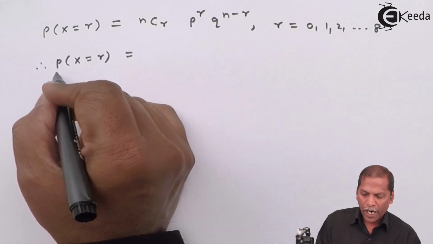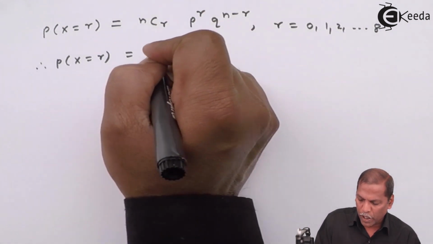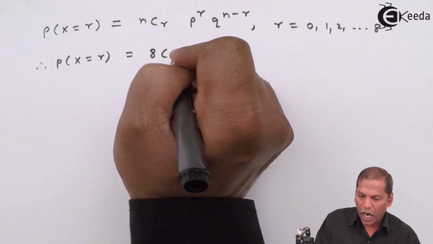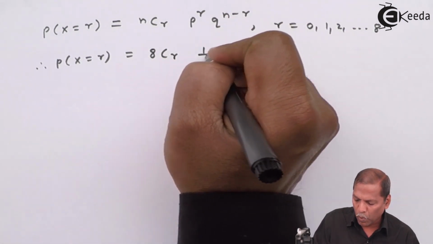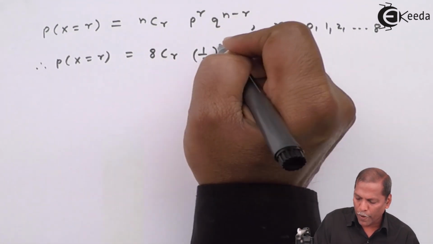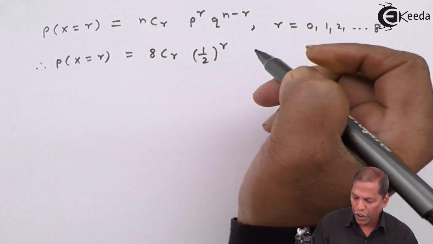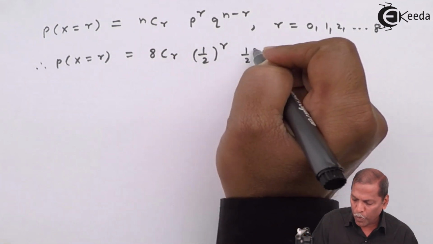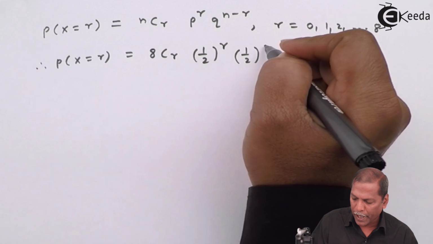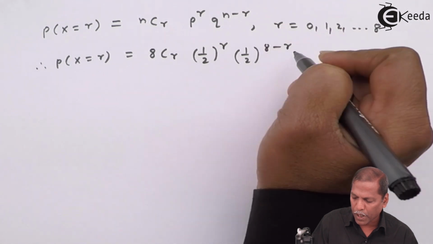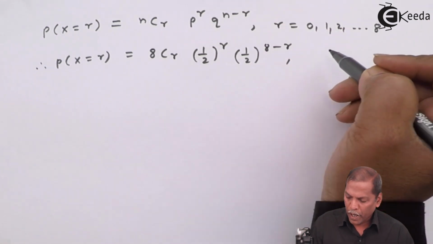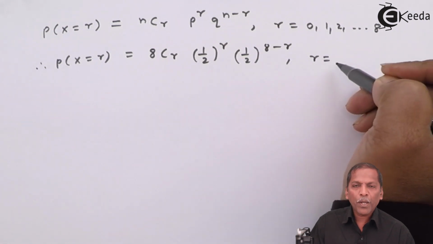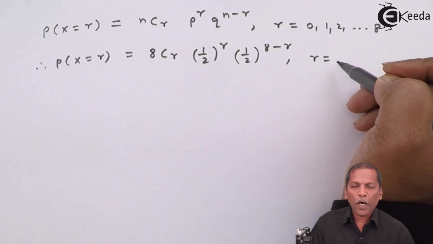So probability X is equal to r is equal to 8Cr into (1 upon 2) raised to r into (1 upon 2) raised to 8 minus r, where r takes values 0, 1, 2, 3 up to 8.